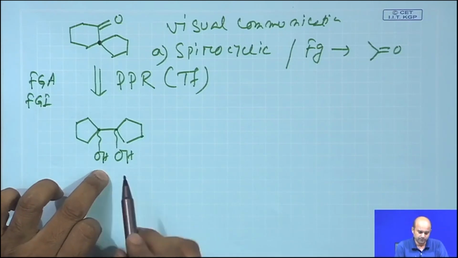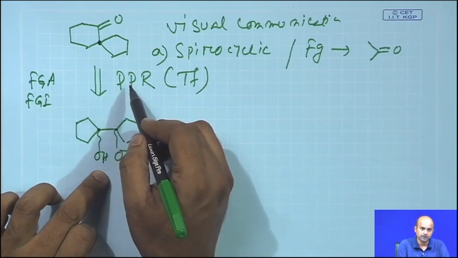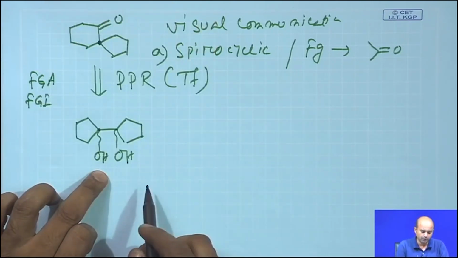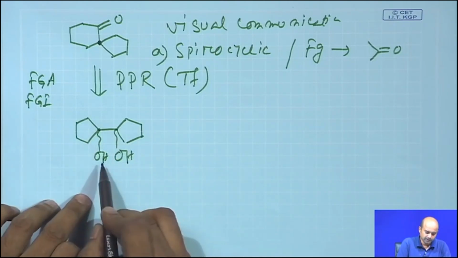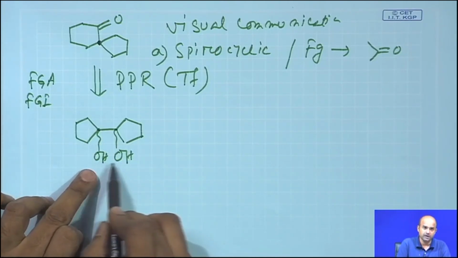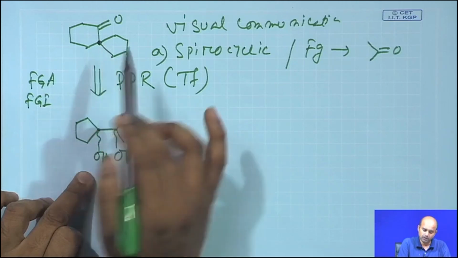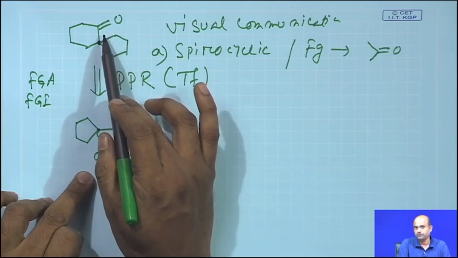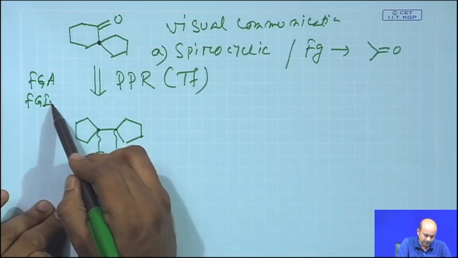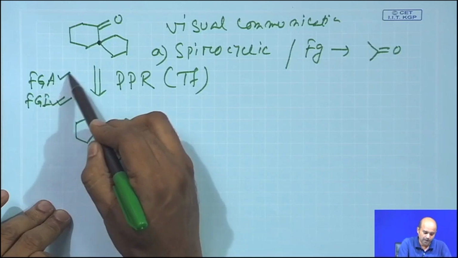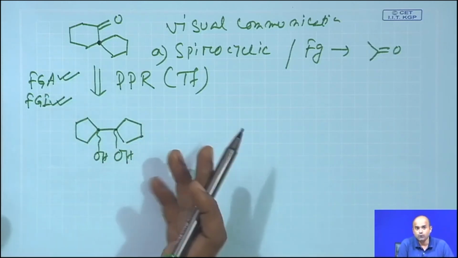You do a pinacol pinacolone rearrangement, which I will explain shortly. The starting compound has a diol functionality, but the final compound has a ketone. So you can call it a functional group interconversion as well as a functional group addition, because a new functional group has been introduced.